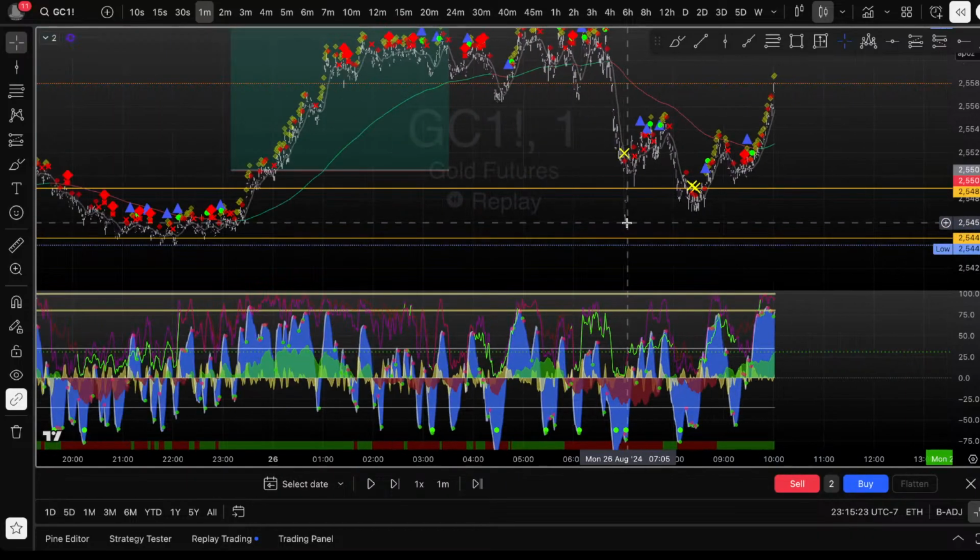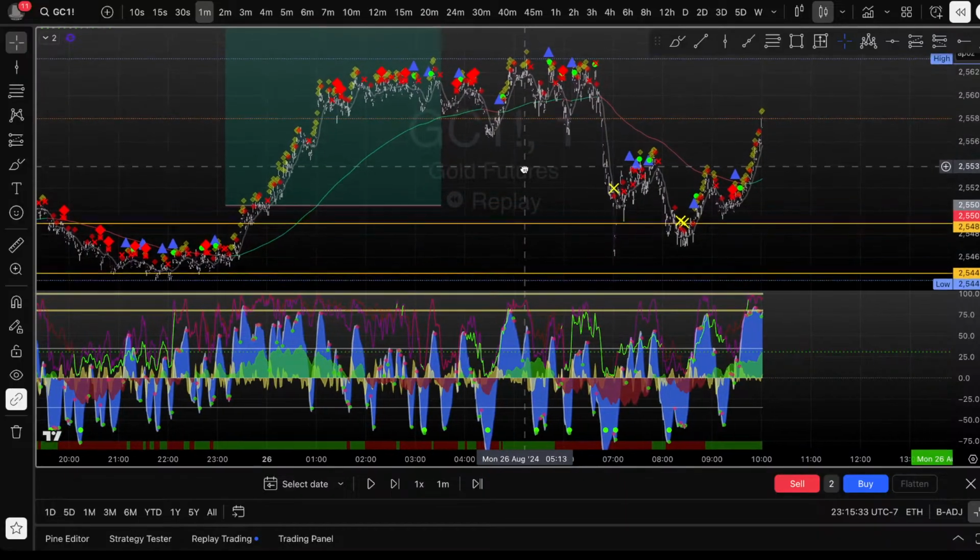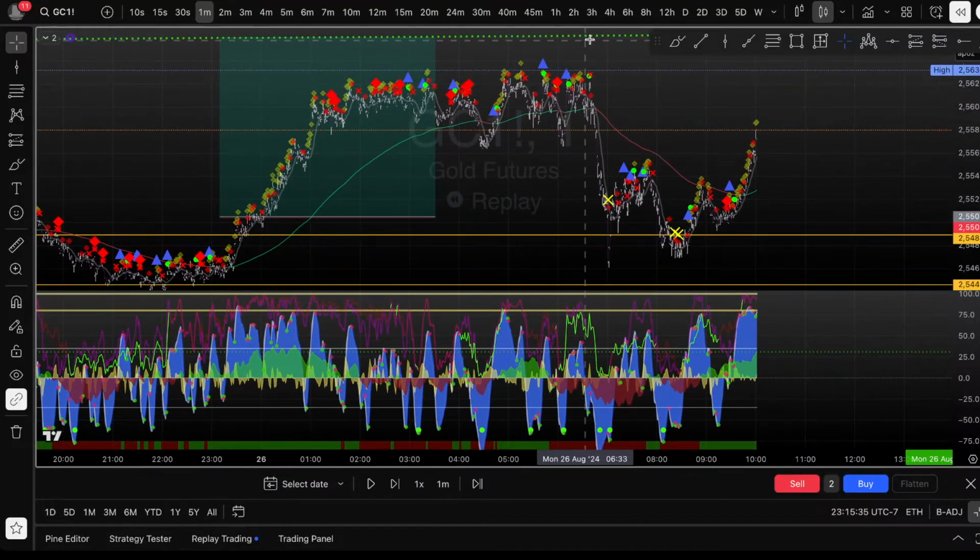Well, that would have been a break even. So yeah, we moved to break even. It would have stopped us out. Ain't that something? Managing one's trade is super critical. If this was our TP all, we would have been screwed.